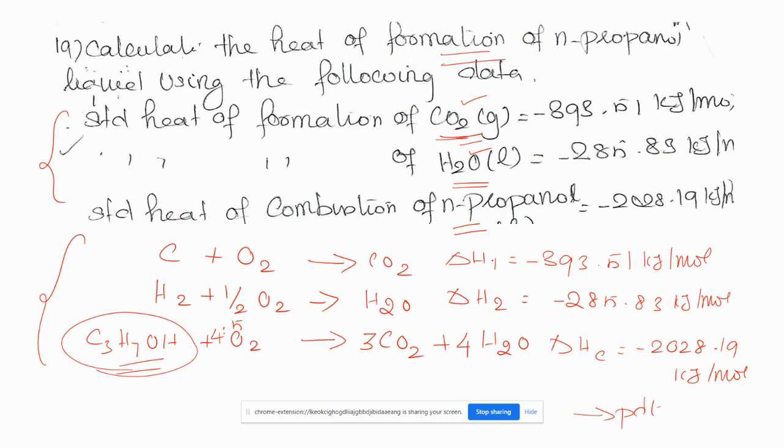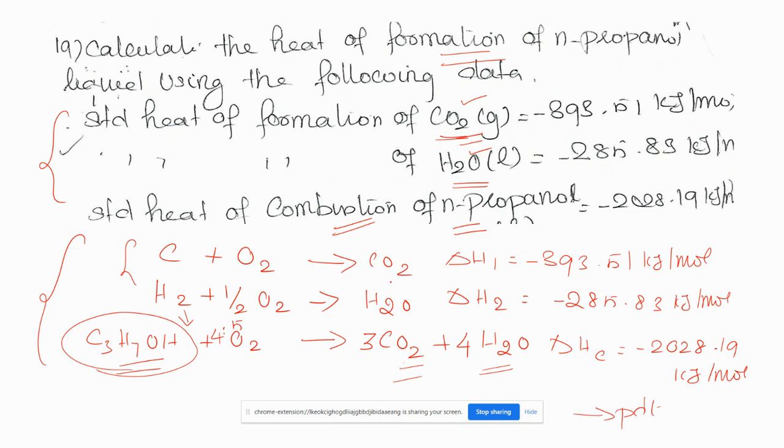Always remember, for combustion the products are CO2 and H2O. So first we add these two equations, and then subtract from this one. The CO2 and H2O will get cancelled, and we will get the equation with respect to C3H7OH.